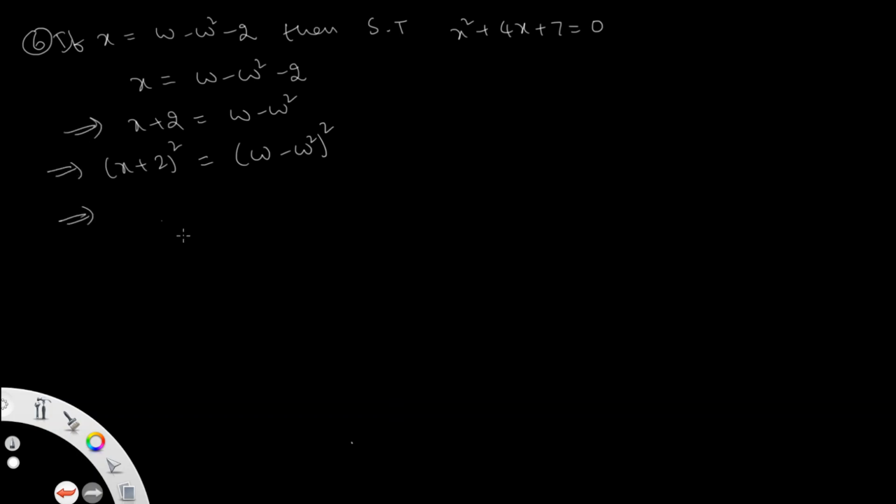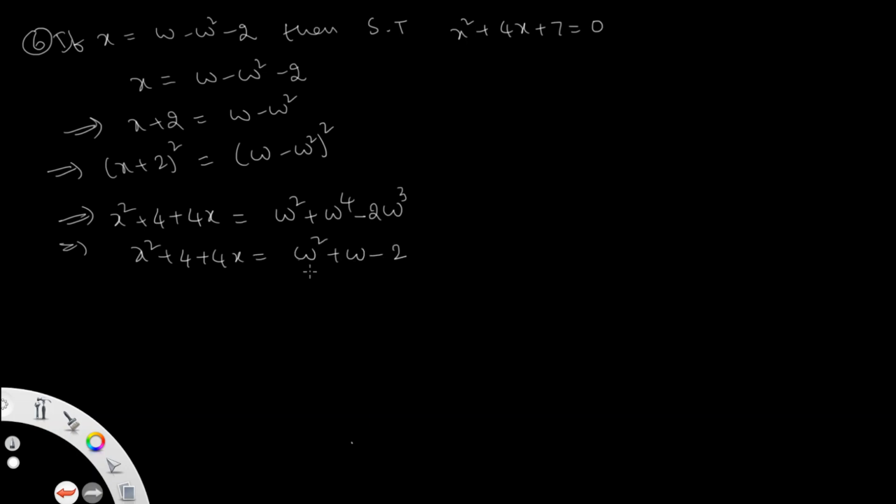So that is expansion only. x square plus 4 plus 4x equal to omega square plus omega power 4 minus 2 omega cube. So that is x square plus 4 plus 4x equal to omega square plus omega minus 2.